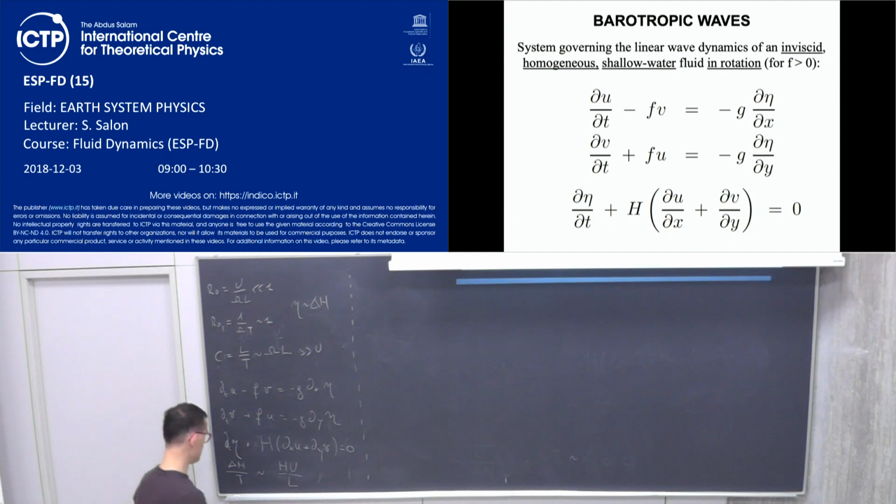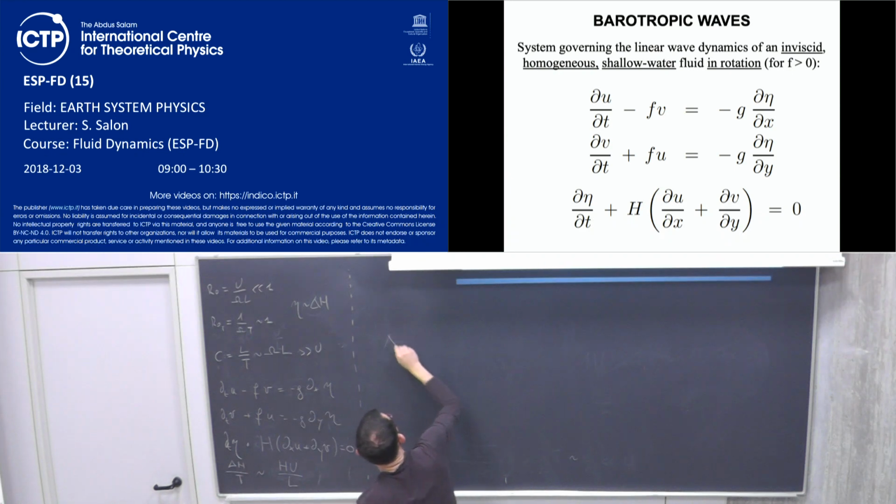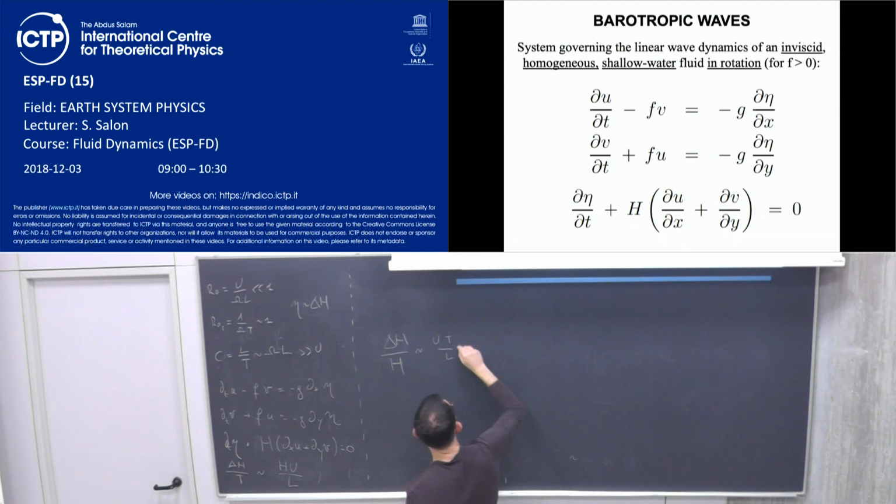But if we consider right here delta h over h, this will be u t over l, which is u over c, which is much smaller than 1.